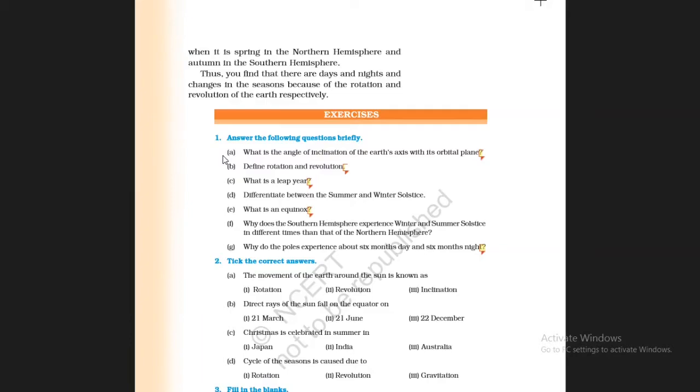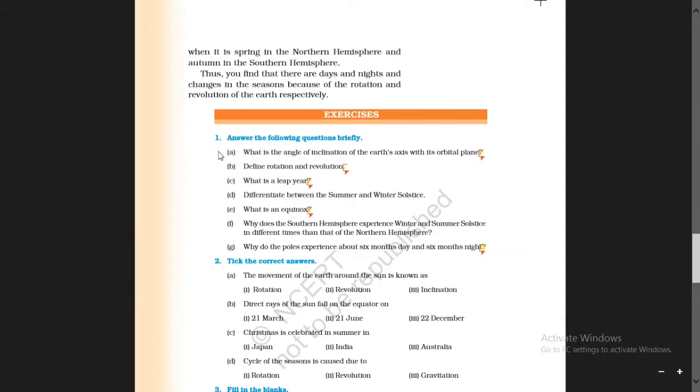And if the question asks to answer as short as possible or in a single word, you are supposed to answer in a single word. So according to the direction given in the question, you have to answer.